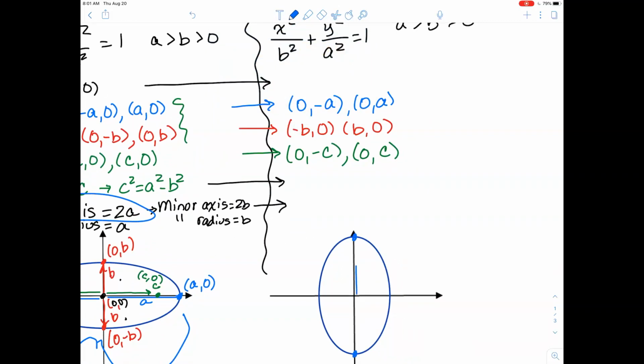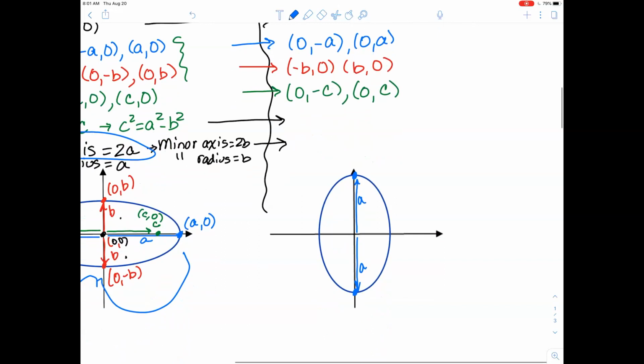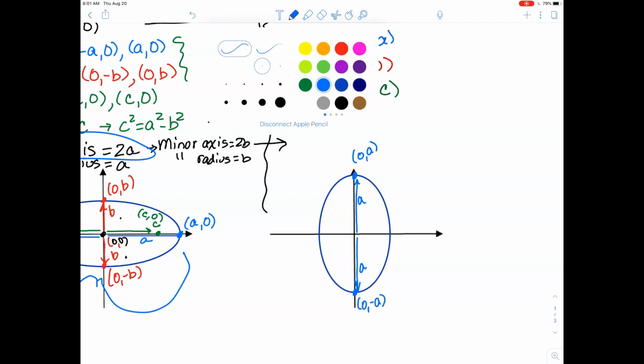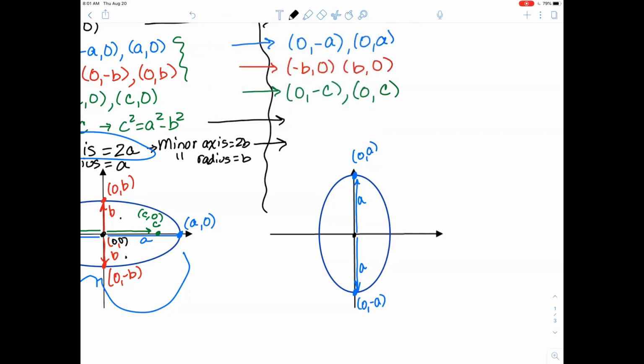So we're going to be going up A and down A. So we'll be at (0, a) and (0, -a), right? And our center will be here at (h, k), which is going to be (0, 0).